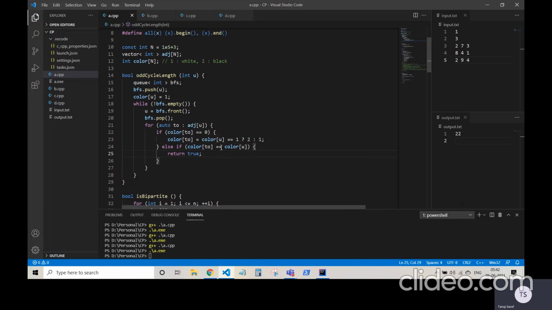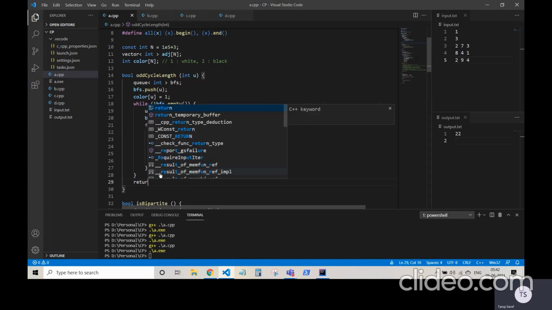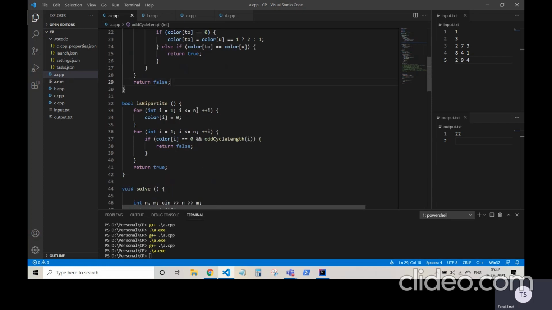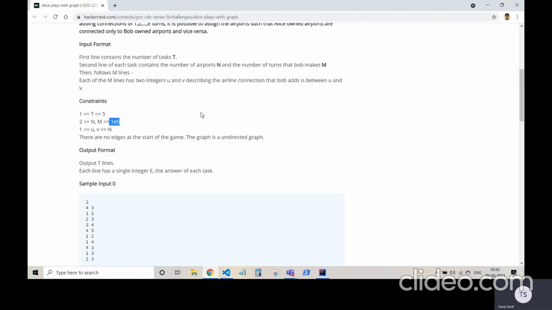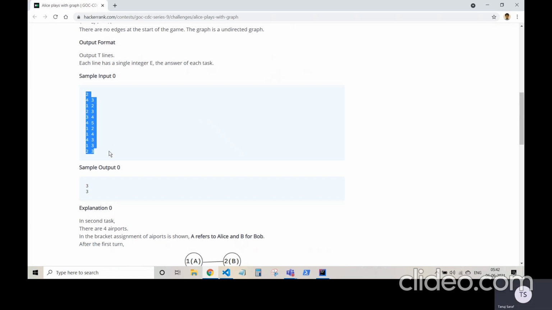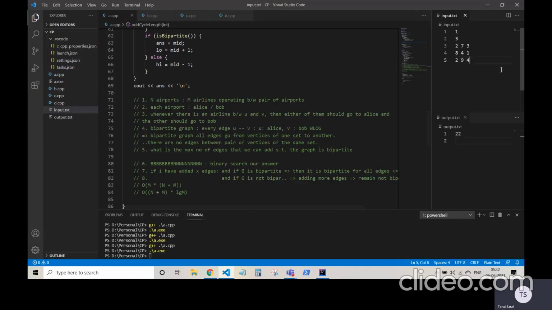Because if its color is color U, then according to this I should have assigned it a color which was different from color U, right? But we have found it to be already the same. So this is not possible, and this means that we have found an odd cycle length graph, and so we return true. Otherwise, if everything goes well, we return false. And I think we are good to go. So let's run this.